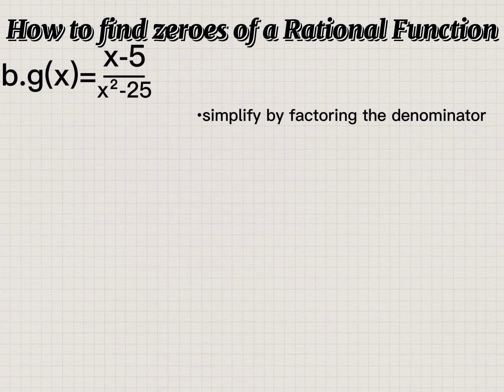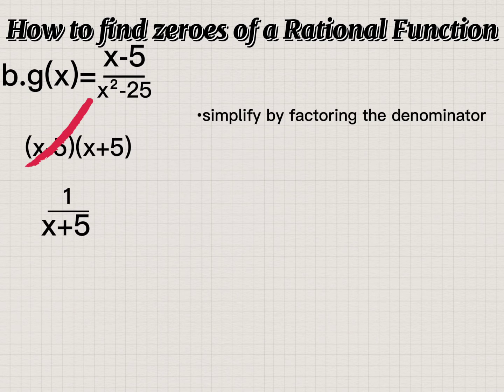And that will be x minus 5 times x plus 5, or the quantity x minus 5 times the quantity x plus 5. And then, remove the common factors by cancelling. And that will give you an answer of 1 over x plus 5.